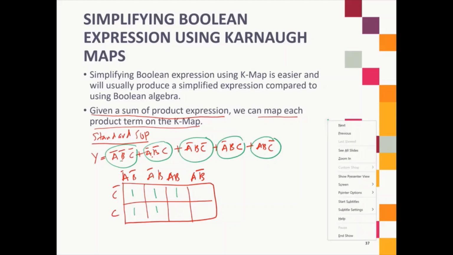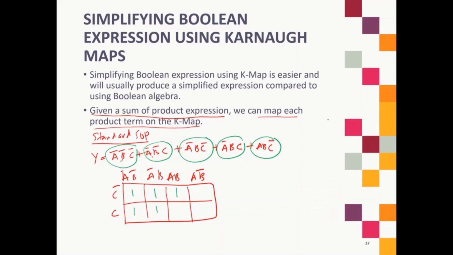Next step, we will loop the K-map. Looping for 3 variables, you need to start with the biggest number of cells. You start with 4 cells, followed by 2 cells, and the last one is 1 cell. Here we have 4 cells that are adjacent, so we can loop them together.